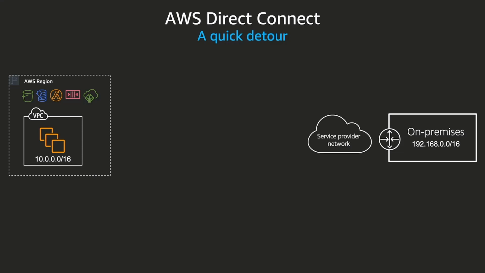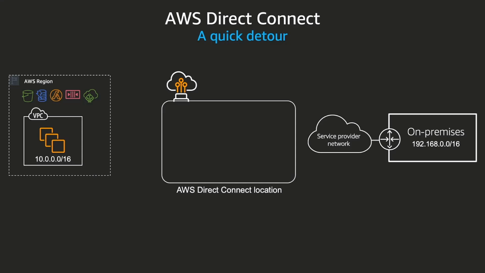So in this case, we've got our service provider network, which a lot of companies, enterprises, etc., would use something like an MPLS IP VPN or a DWDM or a VPLS, and basically use that WAN to connect all of their sites together. So in this case, we're using the WAN or the service provider network to connect from the on-premises to an AWS Direct Connect location.